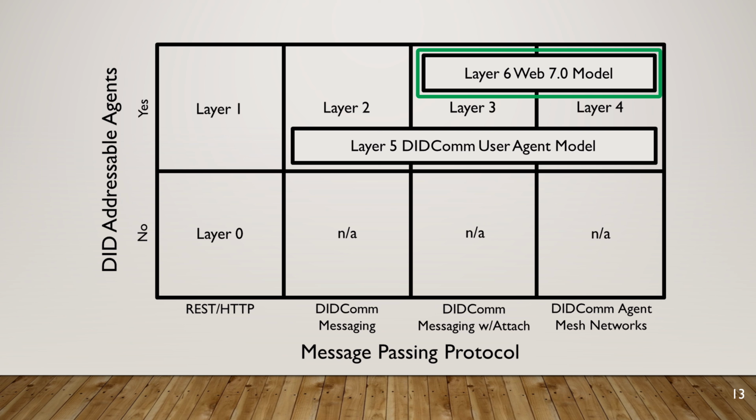The seventh layer, layer 6, is the Web 7.0 architectural model, and this is where we flesh out the entire platform and add a number of key components in terms of fit and finish.